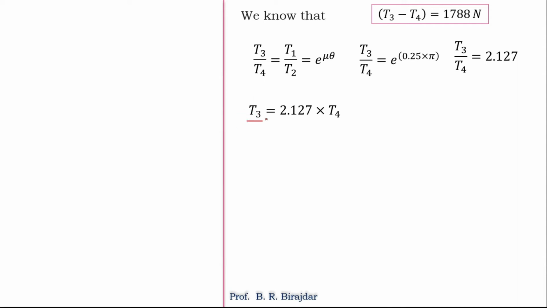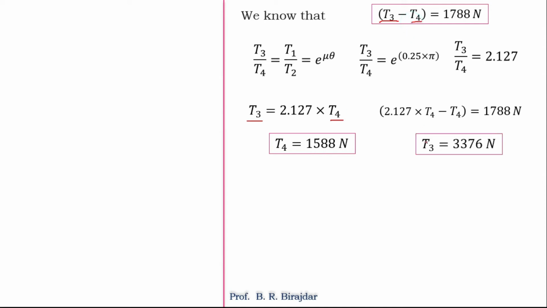Now I will put this value in the above equation in terms of T4, so that I can find only one unknown. After putting this, I will get the value of T4, right? So 1588, and again I will put this value in the above equation, I will get T3. So therefore I got the tension in the tight side and the tension in the slack side on the pulley.